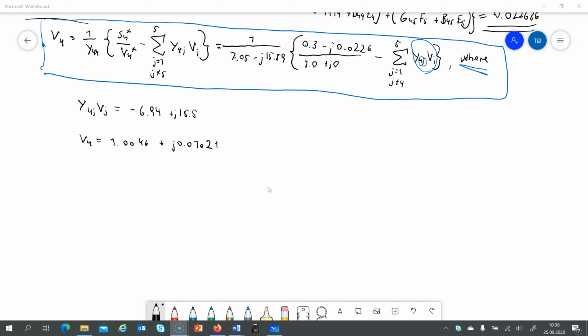Now finally we have to scale these values here for the real and imaginary part.